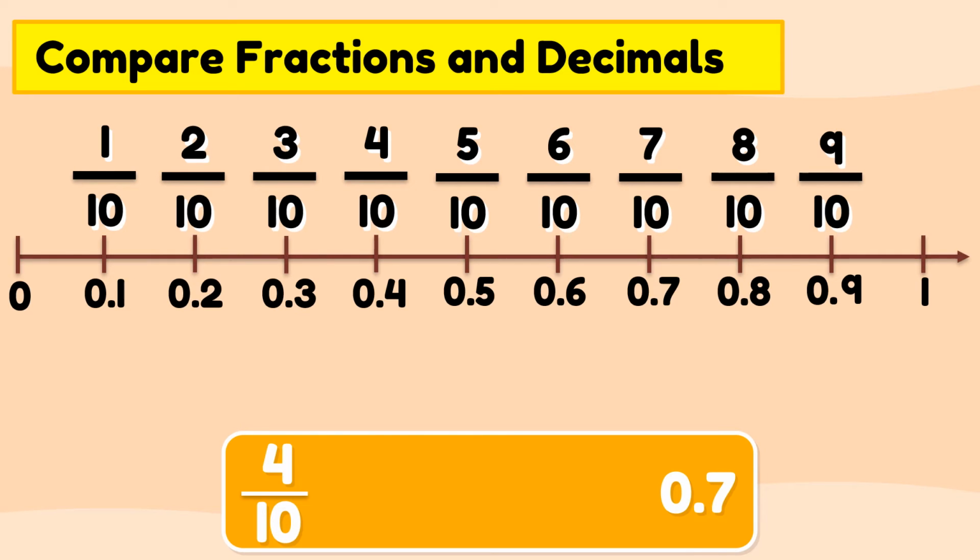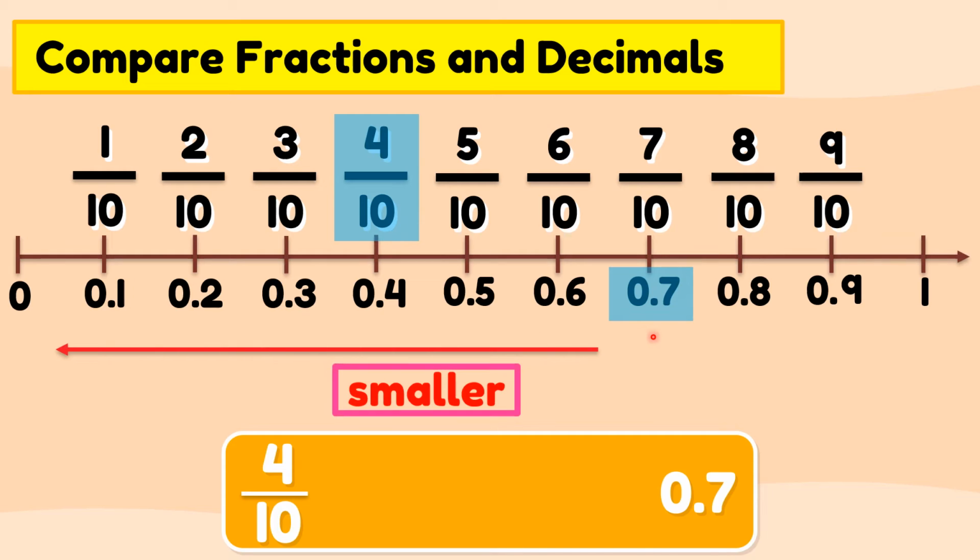Now, let's look at this example. Let's compare 4/10 and 0.7 using a number line. So, 4/10 is less than 0.7.